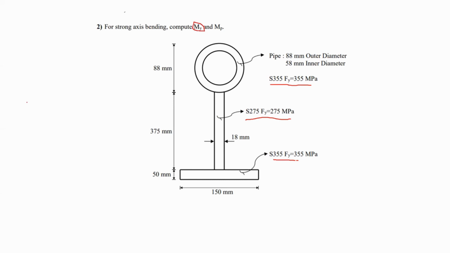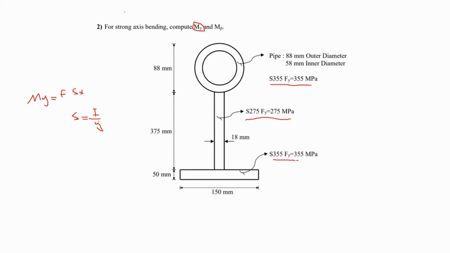Now, remember the equation: My is equal to Fy multiplied by Sx, where Sx is equal to the moment of inertia divided by y, the distance from the centroid to the point of yielding.